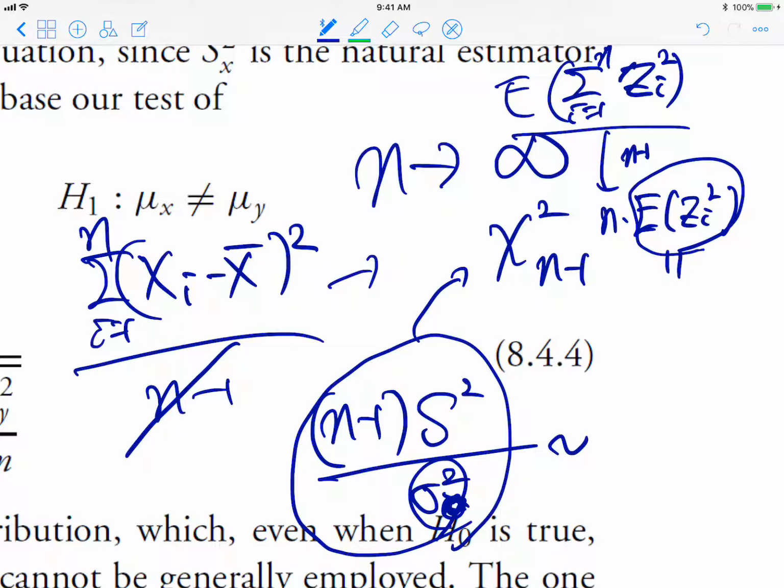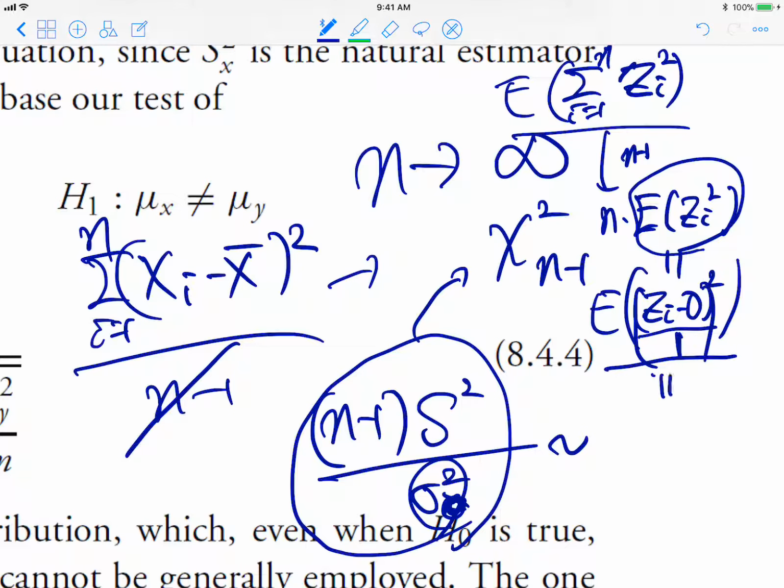This one is basically the variance of zi, because it can be viewed as zi minus 0 squared, right? You understand, right? So what is the variance of zi?